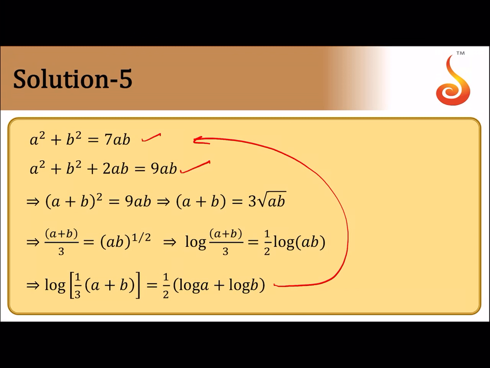You can do like this also. a square plus b square is 7ab. a square plus b square plus 2ab equal to 9ab. (a plus b) whole square equal to 9ab. Or a plus b is 3 into root ab. So this 3 will come here. (a plus b) by 3 is ab to the power 1 by 2. And applying log on both sides, log of (a plus b) by 3 equal to 1 by 2 log ab.